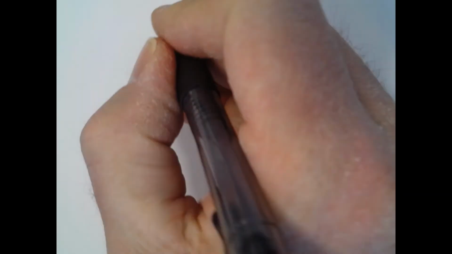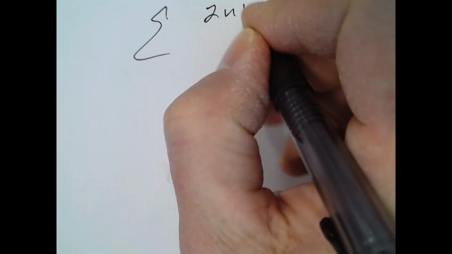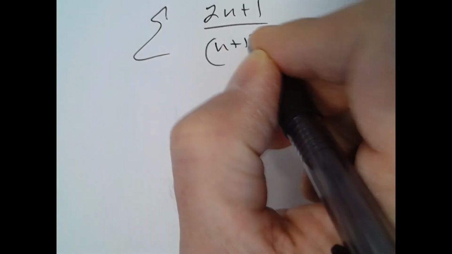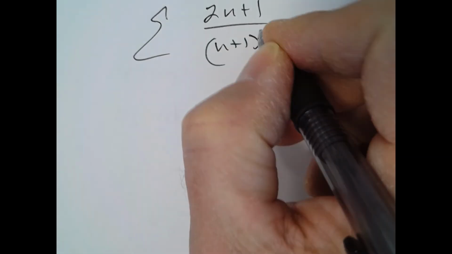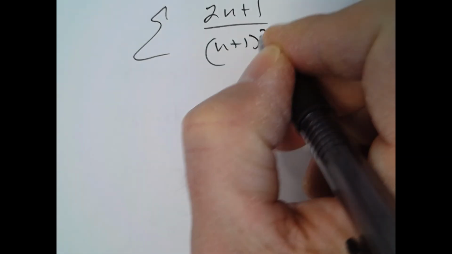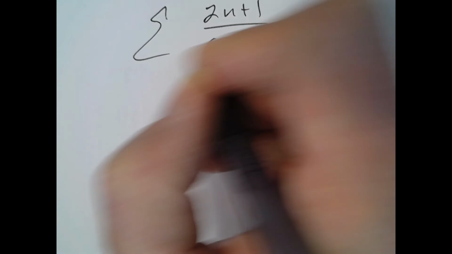And as long as you get a number, you're good. So I have 2n plus 1 over n plus 1 squared. It would be 2n over n squared, which is 2 over n. And if I don't want the 2 in there, I can make it 1 over n. It doesn't matter. It's easier to probably just use 1 over n.